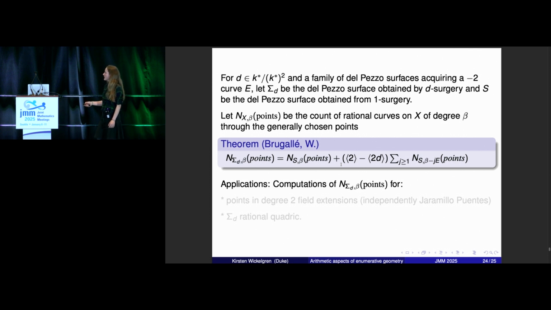And what you can show by counting those reduced curves and adding up some binomial coefficients is that the Gromov-Witten invariant for the surgery is the one for the one surgery plus 2 minus 2D times the sum of these Gromov-Witten invariants on the one surgery in degree B minus JE.